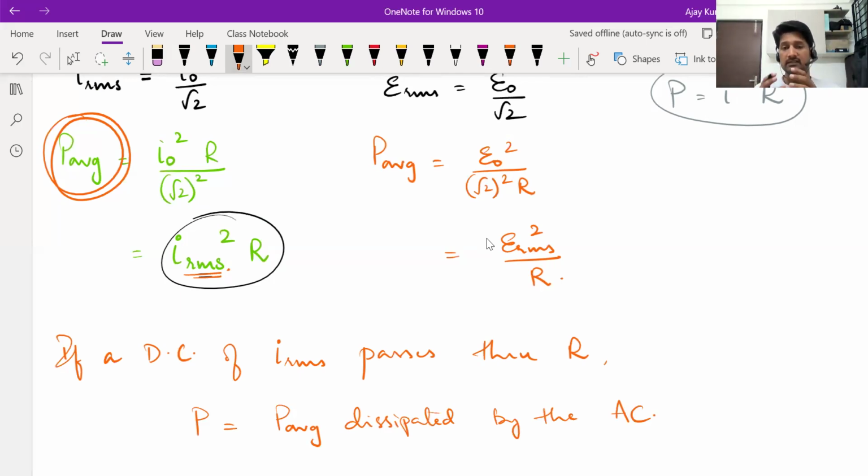Okay, so that is the significance of RMS current. The RMS value of an alternating current is like the DC current which would have given the same power output. Did you all understand this point?